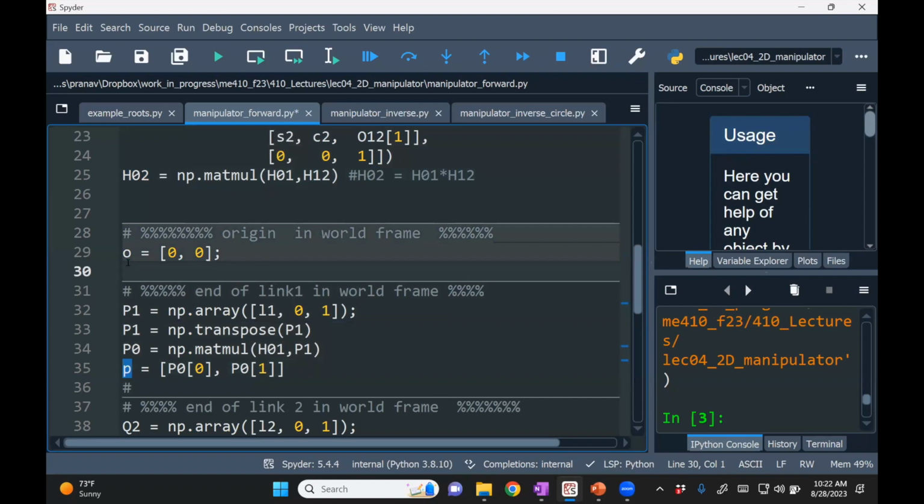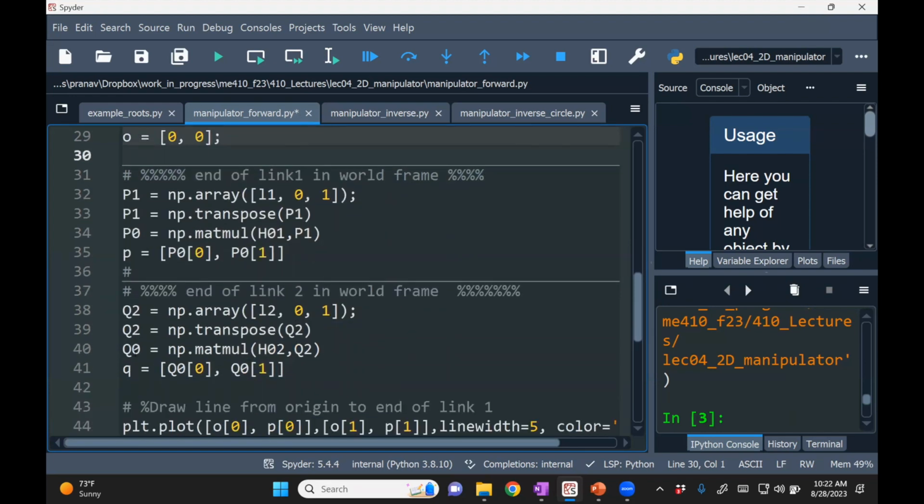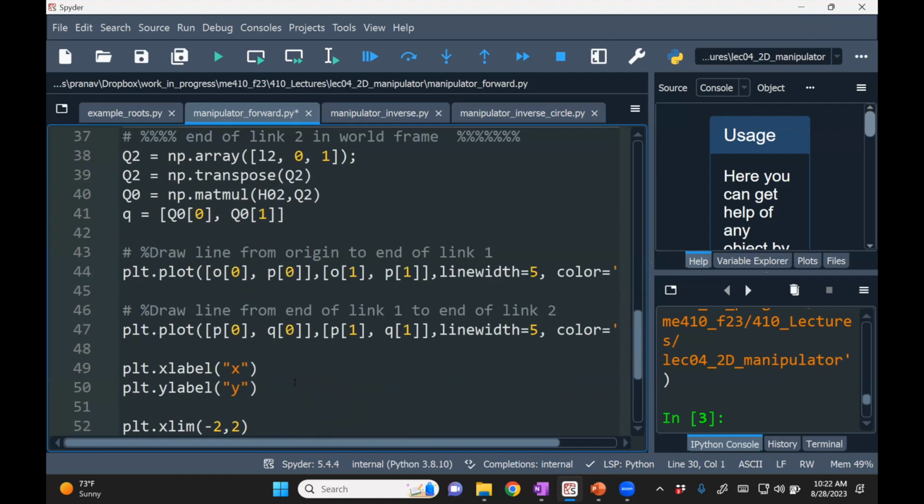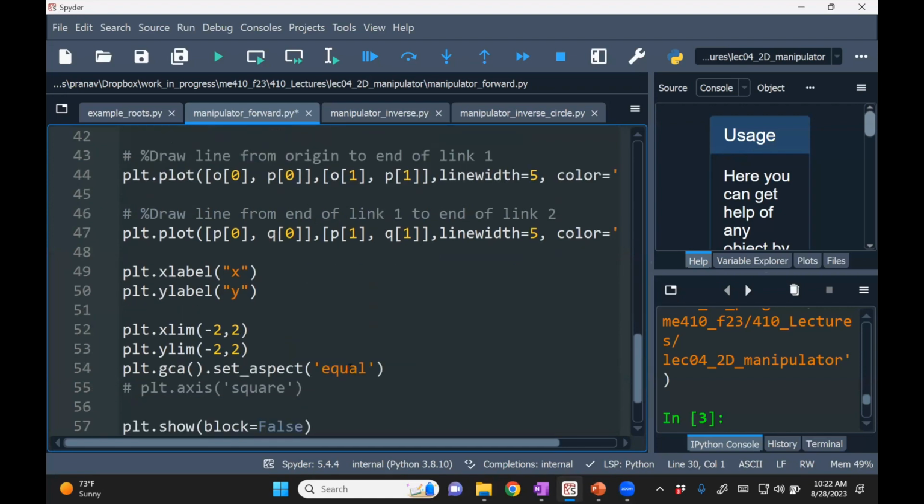Instead of giving the final form, I just do the calculation here using those formulas. That's P1, that's Q2, and then I get Q0, which I multiplied by 0.2 times Q2. And then it's just a matter of drawing a line between the 2 points: origin to end of link 1, that's point P, and then point P to point Q.